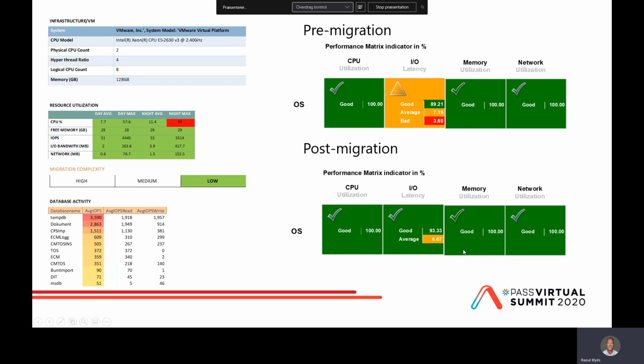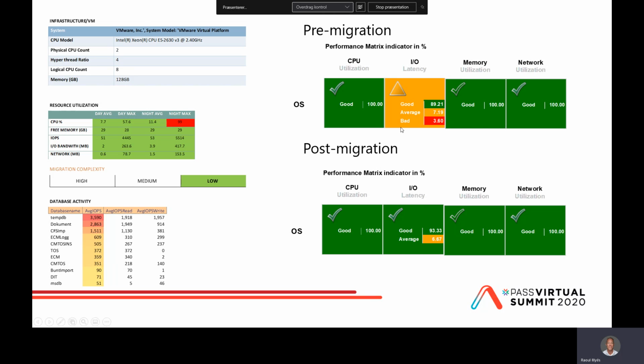And again, we want the application owners, or whoever is the owner of that specific workload, to be our ambassadors. And we, of course, want for them as well as for ourselves that the migration is going to be seen as a success. And from our perspective as technicians, the best way to show success is through data, but try to visualize it in a way that can be easily understood by anyone.